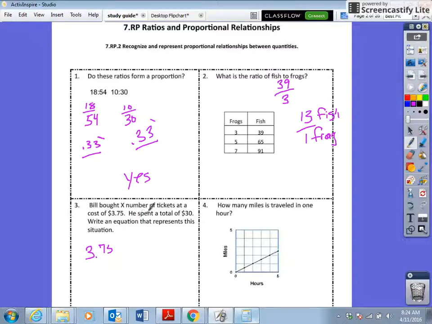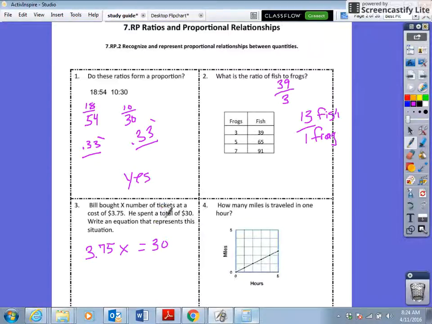I don't know how many he bought, some amount, but he spent $30. So this equals $30. So this is actually my answer because all it said for me to do is write an equation. That's my equation. $3.75 times some amount equals 30. That's your equation.